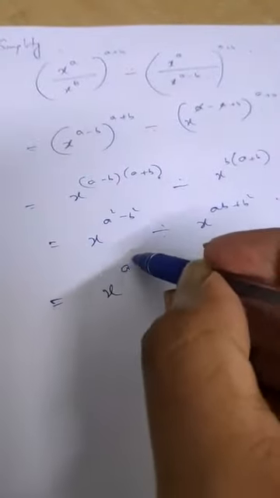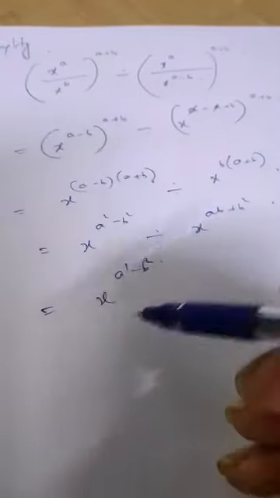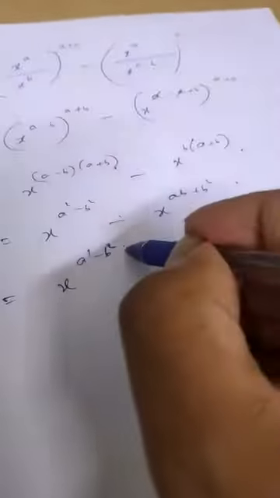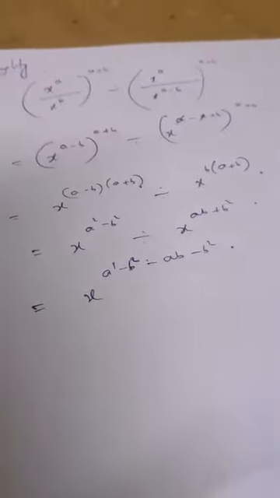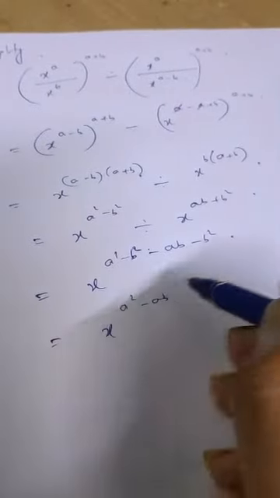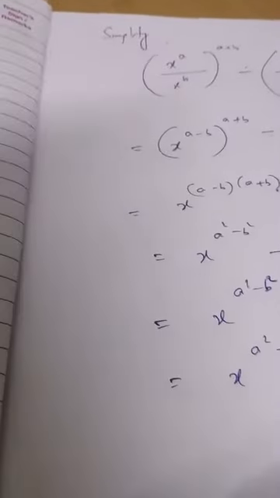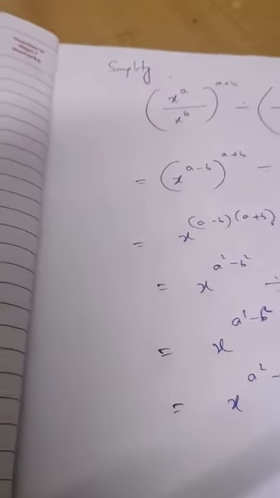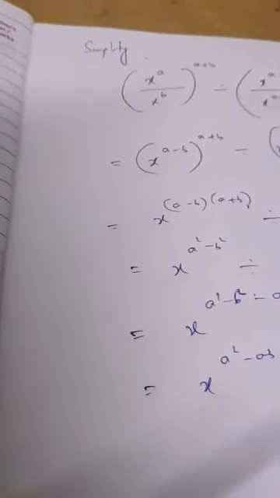Since it is division, if base same, power subtracted, so it will be minus ab minus b square. So this becomes x to the power a square minus ab minus b square, a square minus ab minus 2b square.